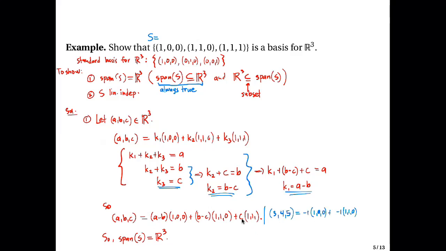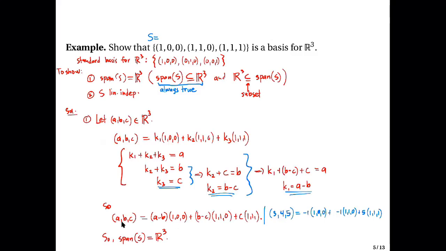And then finally, the third component C, so plus 5 times (1, 1, 1). Okay, so if you combine this, you will get this vector.